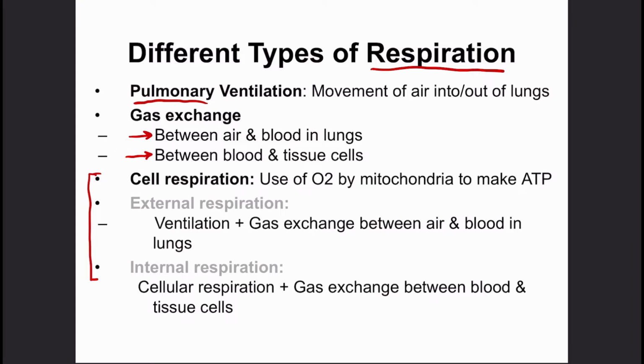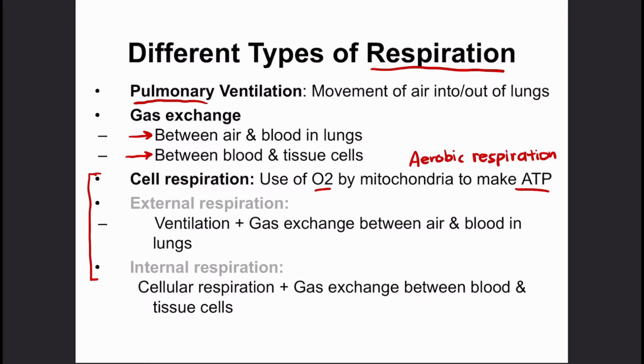And then we have these different terms down here. Cellular respiration, also known as aerobic respiration, is something else we talked about recently. It's not necessarily what we think of when we think of respiration, but this is how we make ATP by use of mitochondria and oxygen. It's called respiration because it does use oxygen. Then we have two final types: external respiration and internal respiration.